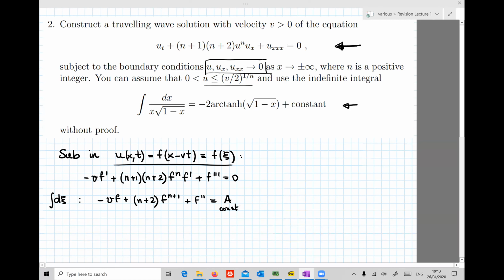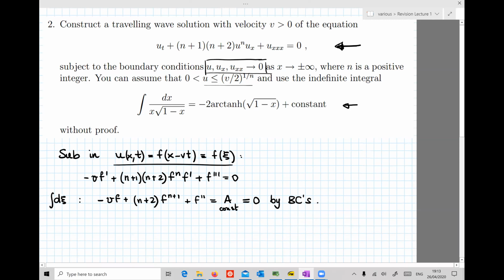But then we can fix the constant by looking at the boundary conditions at infinity, and at infinity u and its first two derivatives go to 0, so f and its first two derivatives go to 0, so a will be equal to 0 by the boundary conditions.